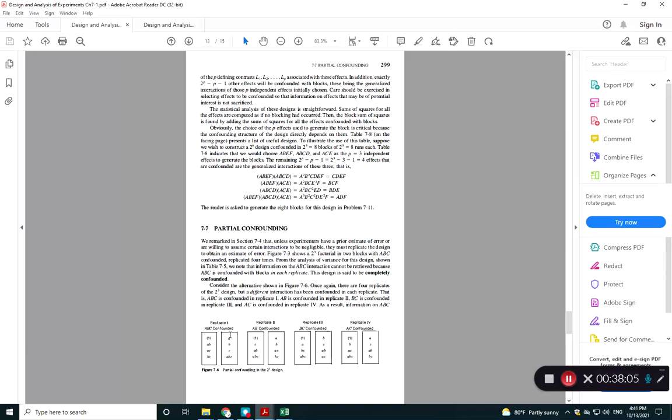In partial confounding, we could, but usually we still try to stay out of it. So generally speaking, I don't care whether you're doing partial confounding or whole.